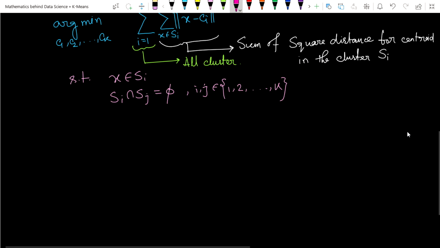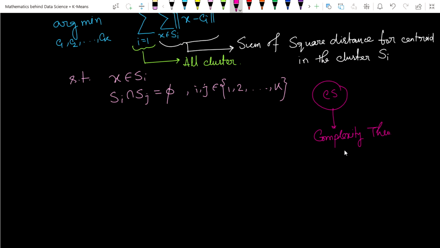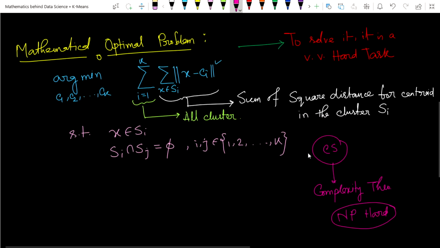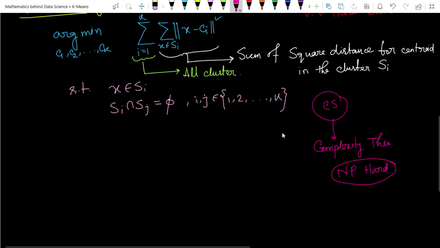There is one chapter in computer science, the complexity theory. In this theory there is one kind of problem, the NP-hard problem. These things are kind of NP-hard problems.